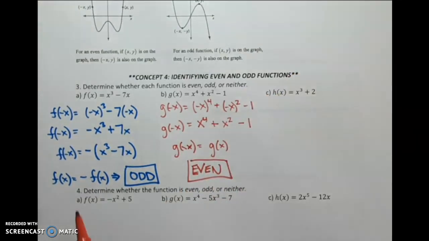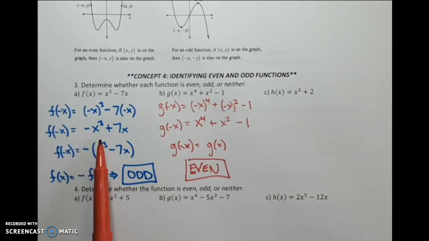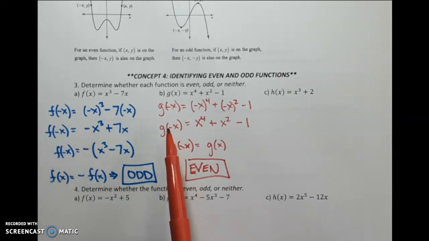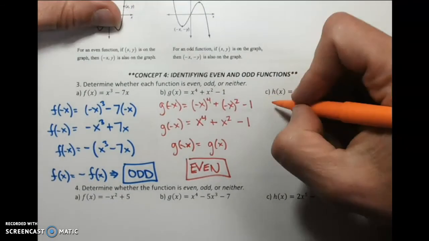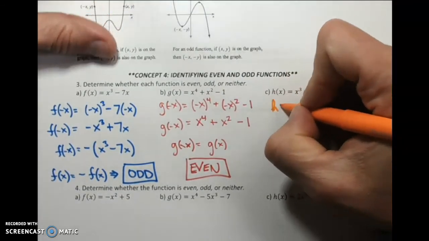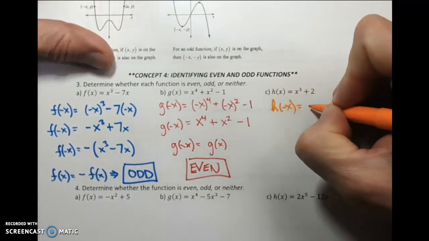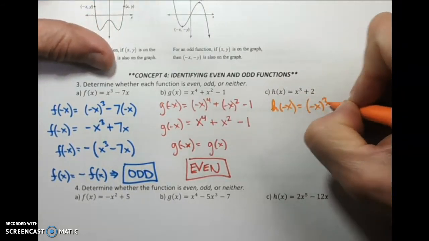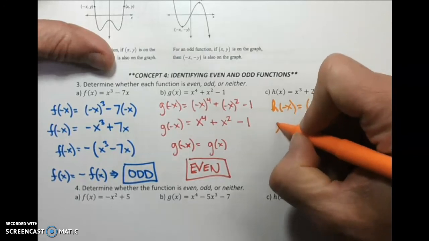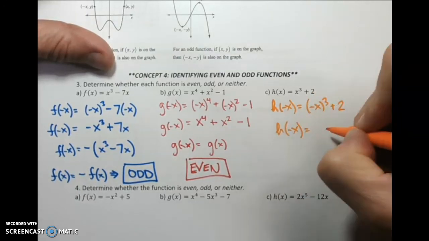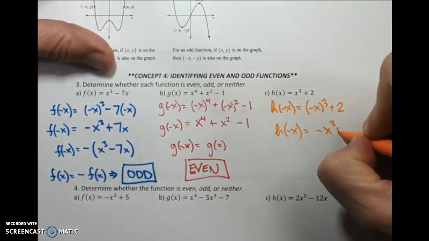So, if all the signs become the opposites, it's an odd function. If nothing happens, all the signs remain the same, it's even. And then the last one we have here goes about the same way. H of the opposite of x equals the opposite of x cubed plus 2. H of the opposite of x equals negative x cubed plus 2.